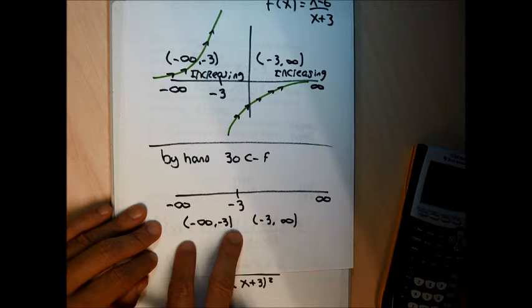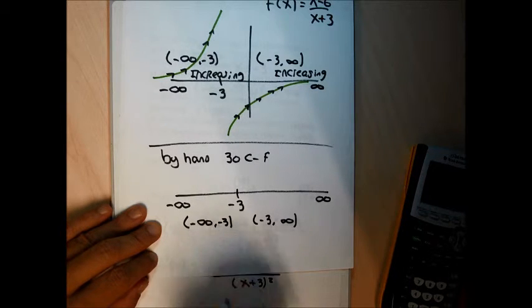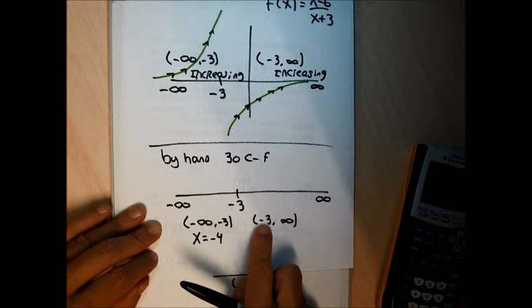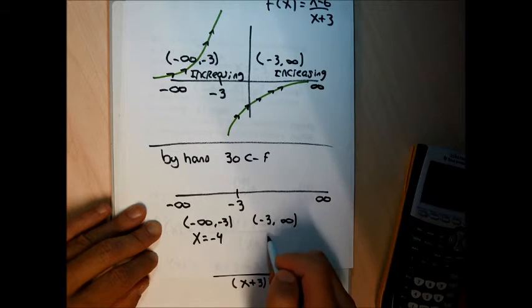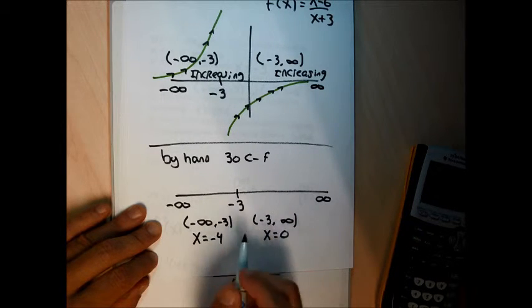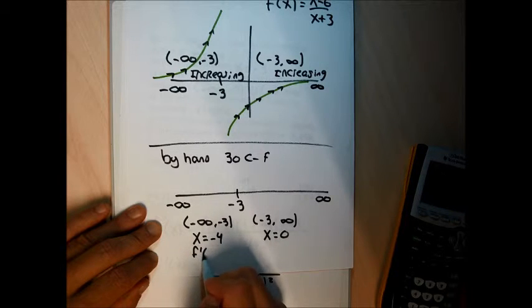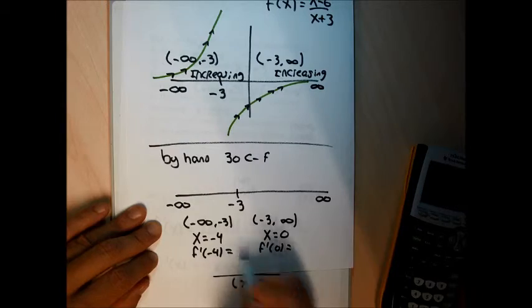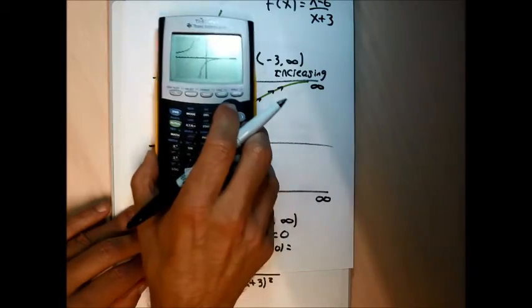In each interval, I need to pick a number. The left interval, all the numbers are negative. I can't pick 0. I'm going to pick negative 4. In the right interval, the first number is negative, the second number is positive. I'm going to pick x equal to 0. And now I'm going to find f prime of negative 4 and f prime of 0. I hope for you to use your dy/dx feature on your calculator.